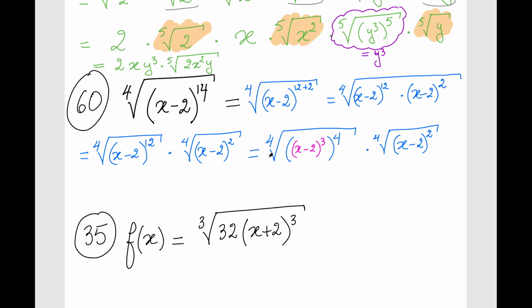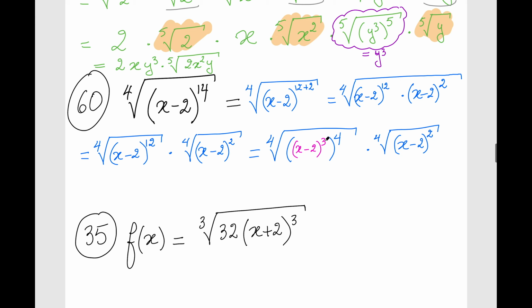So the absolute value of (x minus 2) cubed is the answer for this. And the absolute value of (x minus 2) cubed is the same as the third power of (x minus 2), okay, times the fourth root of (x minus 2) squared. All right. So that's the answer for this.